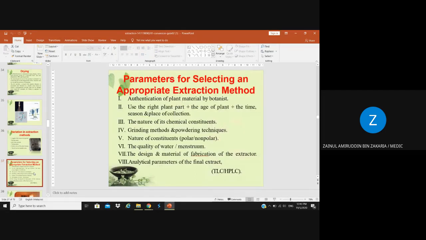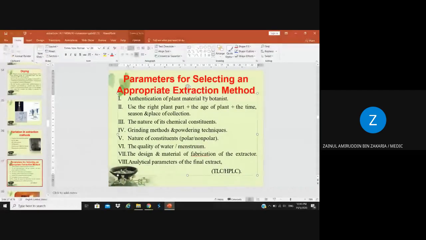Parameters for selecting an appropriate extraction method. There are parameters to be considered when you do extraction. So first, authentication of plant material by botanists. Every time you're doing research with medicinal plants, the first thing is to take your plant to a botanist for authentication. Because why?